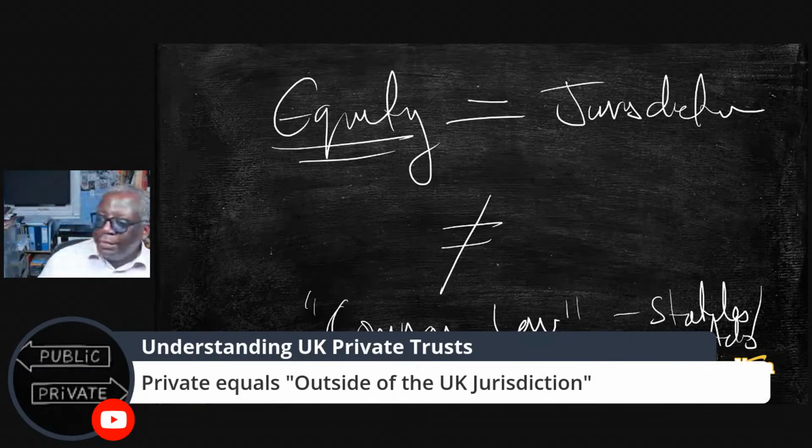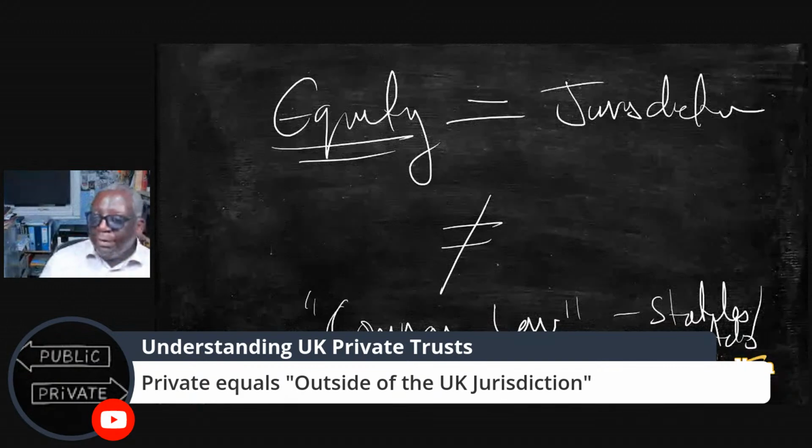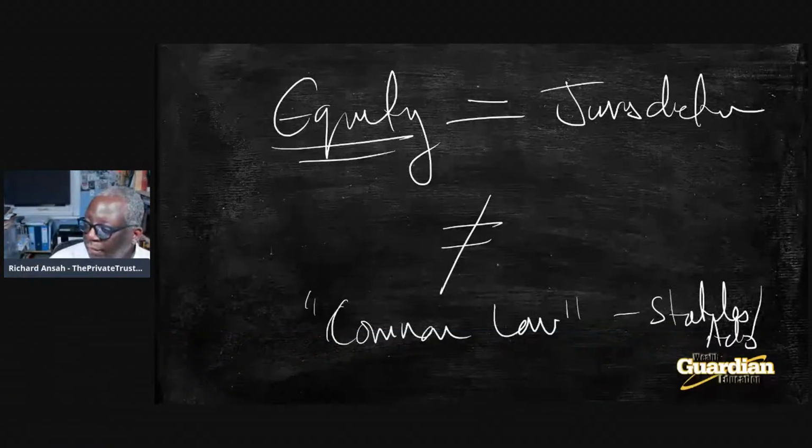That's basically what I'm saying. Private basically means outside of the UK jurisdiction. So technically speaking, when you have a private trust, it's not subject to the rules of the land as long as it's not.